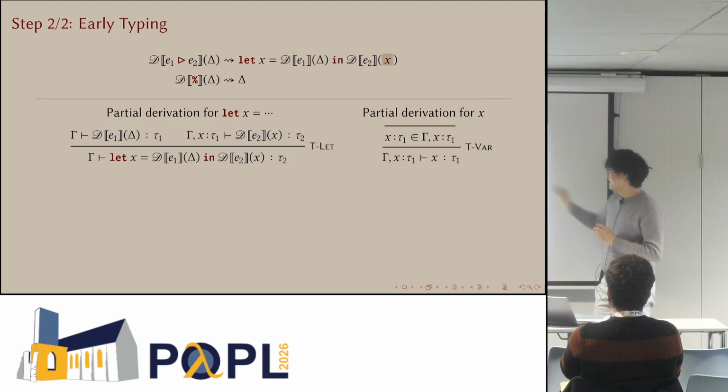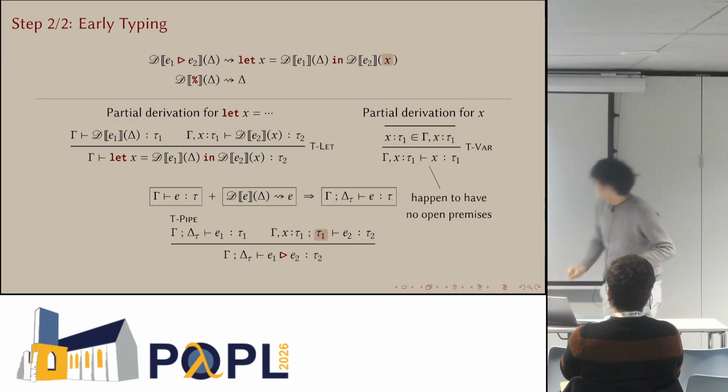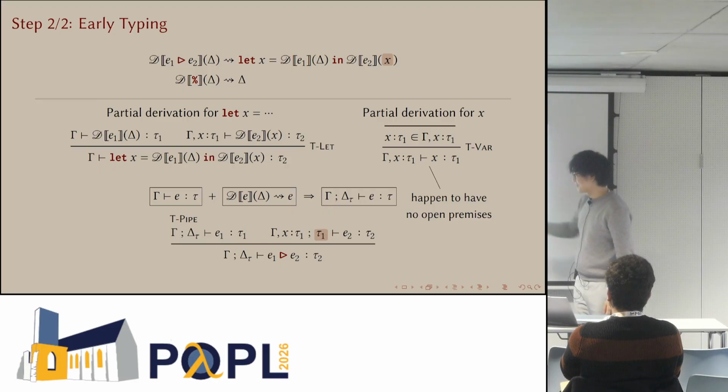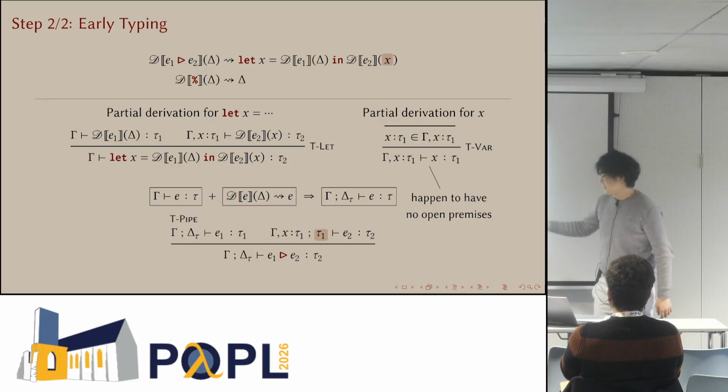We can also form a partial derivation for x, and so it's a reference. It starts with a rule for variables, and luckily we don't get any new premises. But anyway, if it has open premises, we would want to put them inside the final rule for the pipe. So basically, this partial derivation says that the type of x will be tau1. So we pass down tau1, which is the type of the E1 that is piping inside.